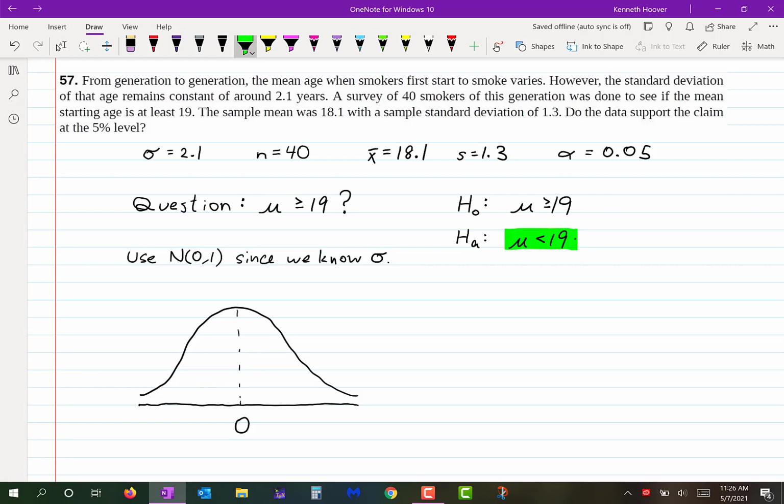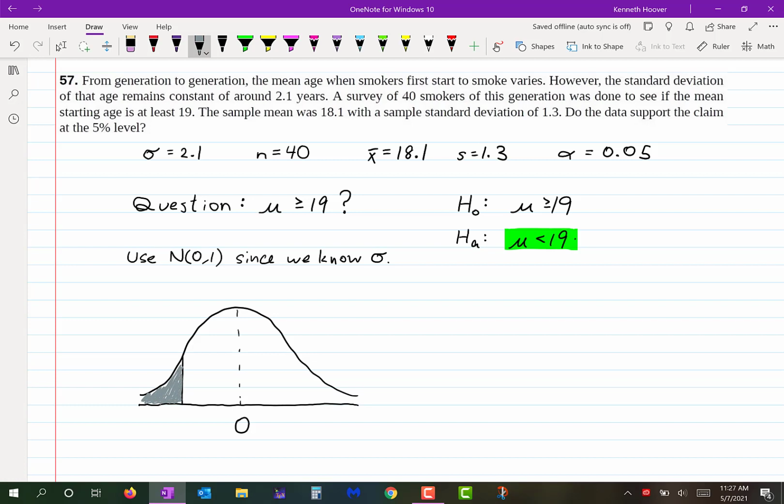So we are wondering if mu is smaller than a given value. So that means when I imagine my normal distribution, I'm only going to break off here the tail on the small end.